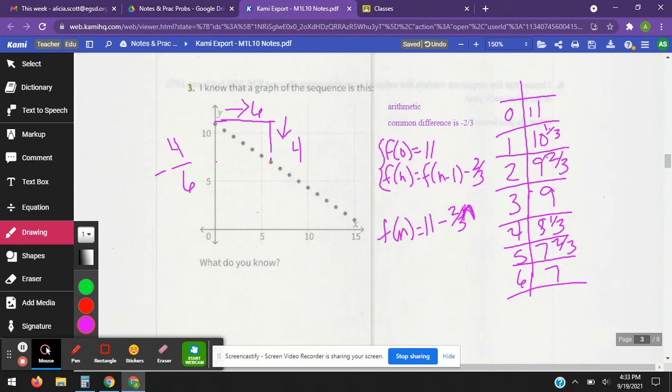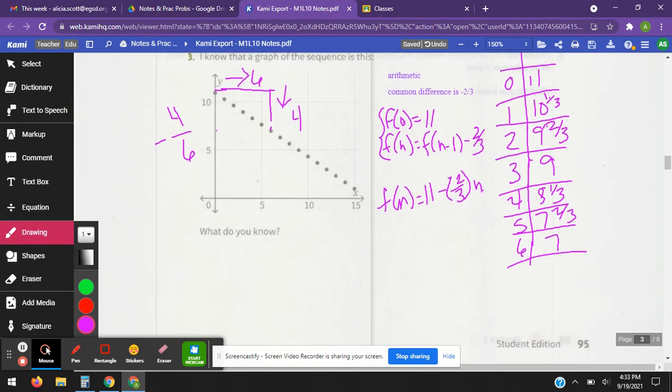So multiply in there, 2/3 n. I don't want you to get confused as to that being an exponent. Because it's the 0 term, I don't have to subtract anything. And 1, 2, 3, 4, I've got 5 representations. We're good.